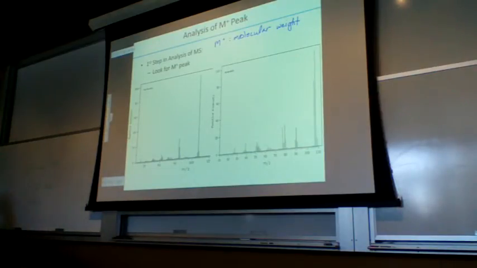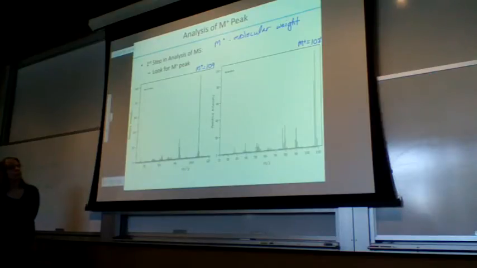So, first one here is at M+ equals 109. And the one on your right, M+ equals 108. What else can we gain from this? We know our molecular weight, but there's one more piece of information we can get that's different between these.